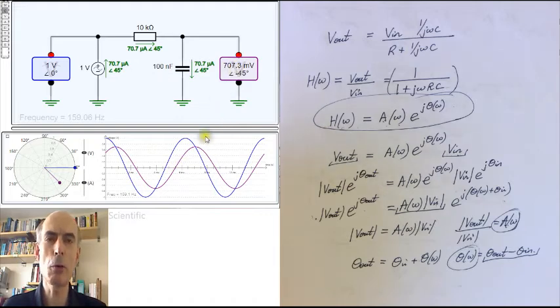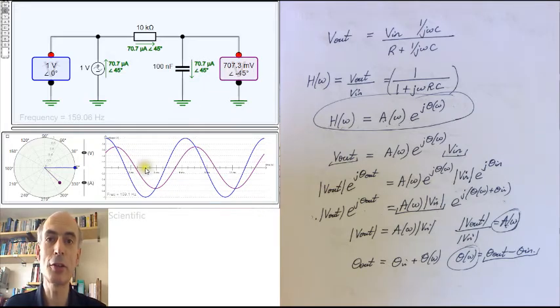And you'll see that the output is lagging the input. The input goes through its maximum before the output goes through its maximum. The input rises through 0 before the output rises through 0. So the output is 45 degrees behind the phase of the input, and we notate that by writing its phase angle as minus 45 degrees.